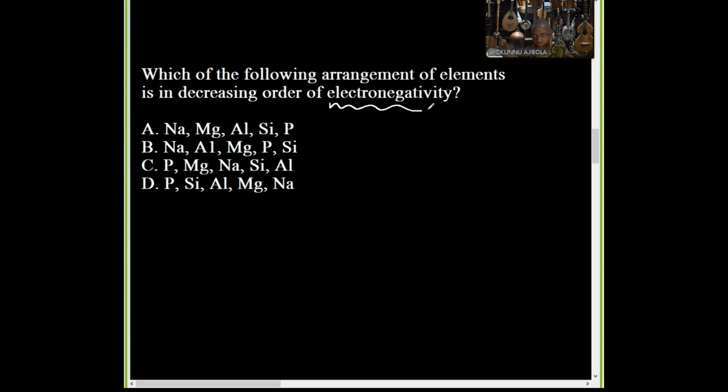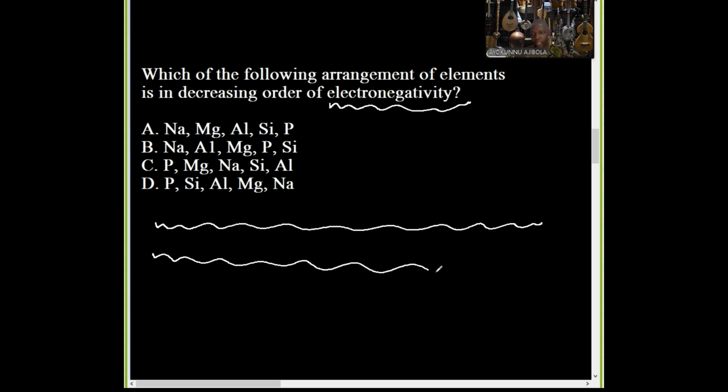I just showed you electropositivity. So if electropositivity is decreasing towards the right in what I showed you above, then that means it is the same as increasing electronegativity.